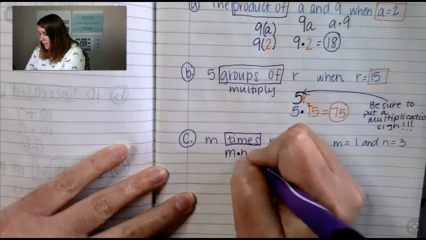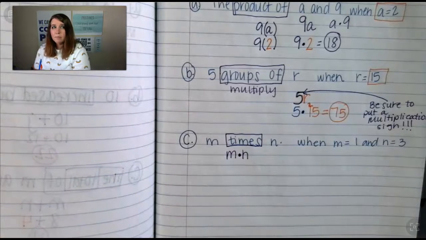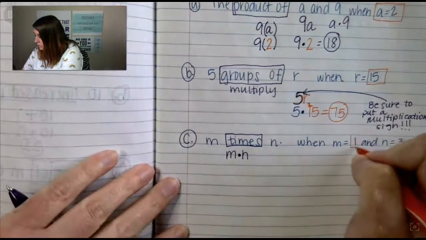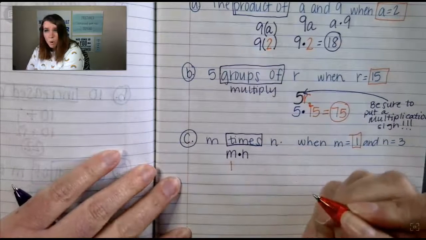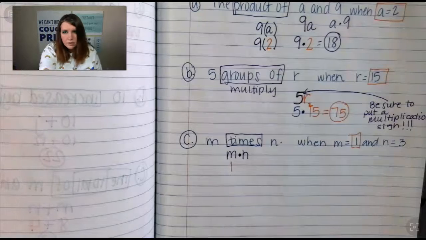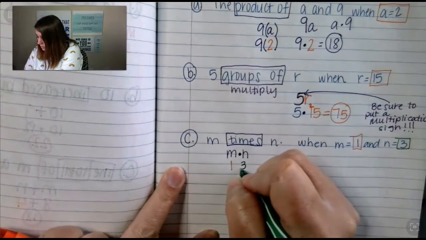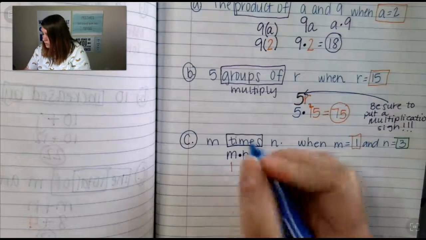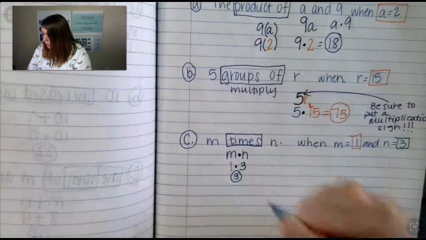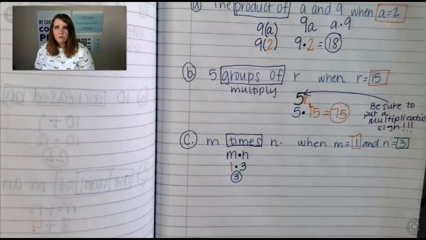M dot N, or in this case I could have written MN, M stuck to N. M equals 1, so I'm going to throw a 1 in there. N equals 3, so I'm going to put a 3 in there. And now I'm just going to multiply those. 1 times 3 is 3. Again, I am just using substitution to solve.